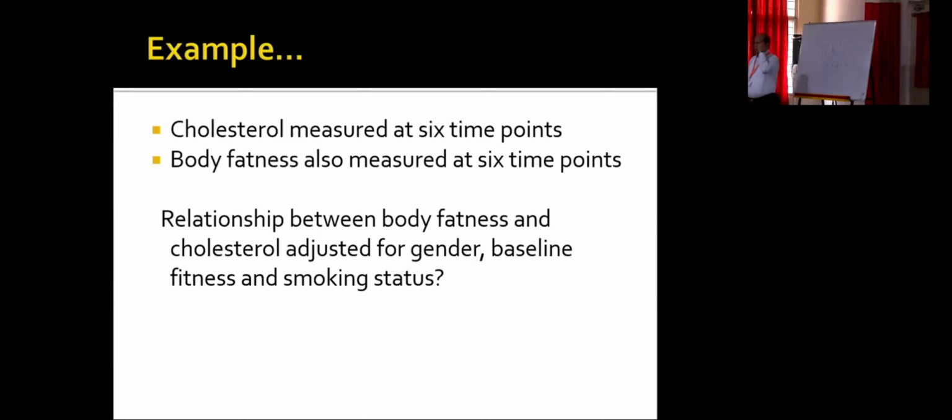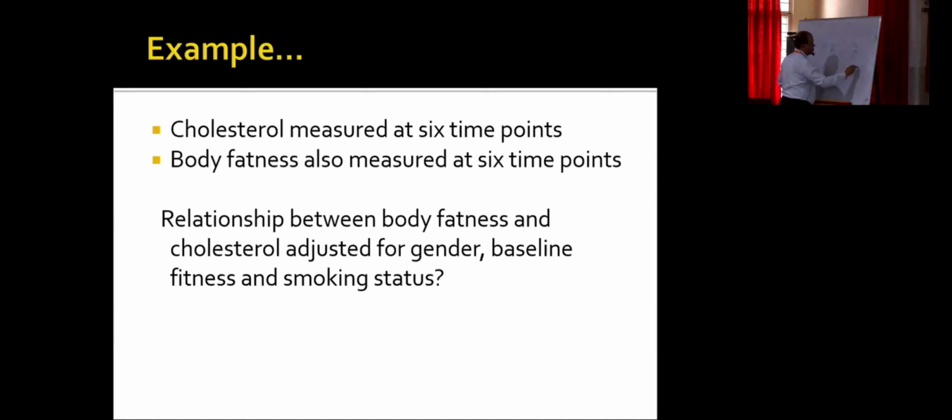He contributed 6 readings. Individual 2, 6 readings, and so on. What we are saying is, these readings are correlated. Therefore, we said this individual is a cluster.